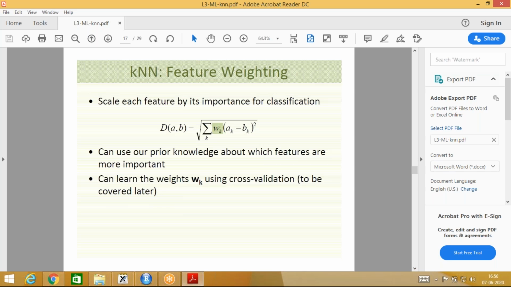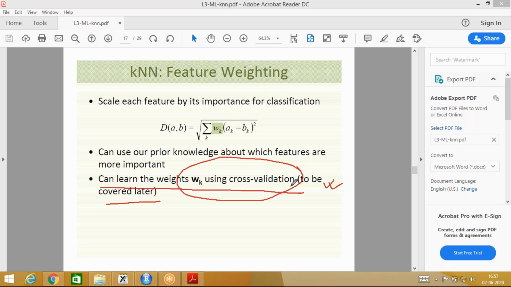See, it is written here that we can learn the weights WK using cross validation, to be covered later. So basically, cross validation means it's a simulation. You try out the different WKs and try to find out which one is giving the best result and which one is not. So in this procedure, we try to find out the weightages. As I told, it's a trial and error method.